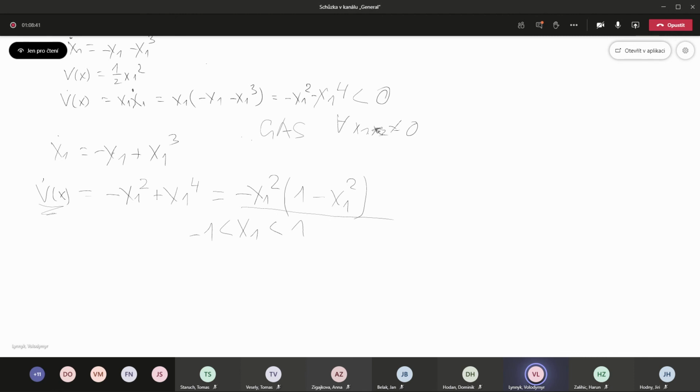Okay, next example. X1 dot equal to x2 minus x2 squared. X2 dot equal to minus x1 plus x1 x2.